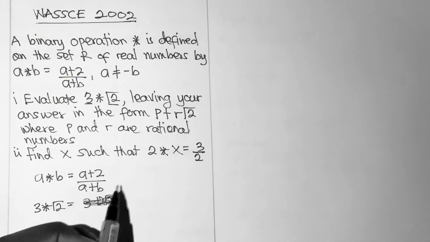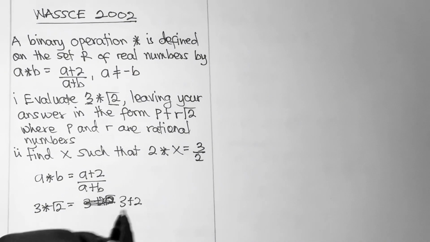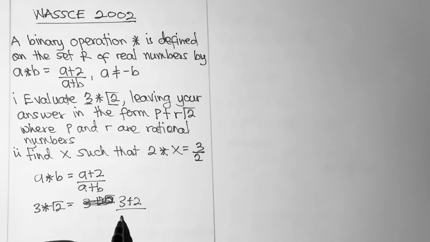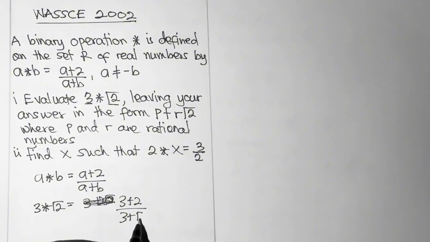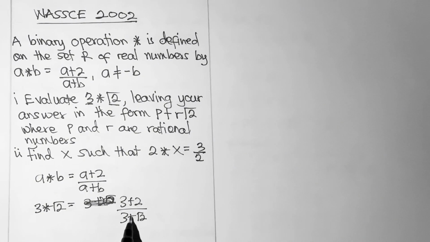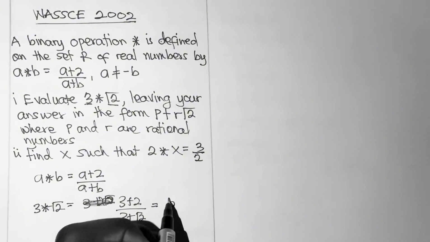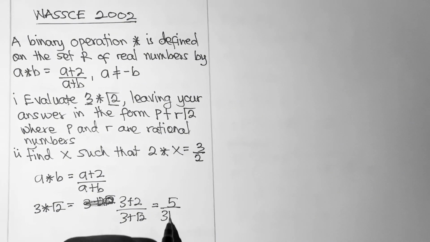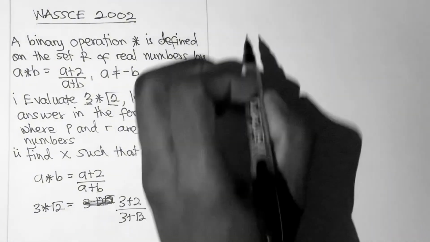So this becomes A plus 2, which is 3 plus 2, divided by A plus B, which is 3 plus root 2. So to further simplify this, this becomes 5 divided by 3 plus root 2.